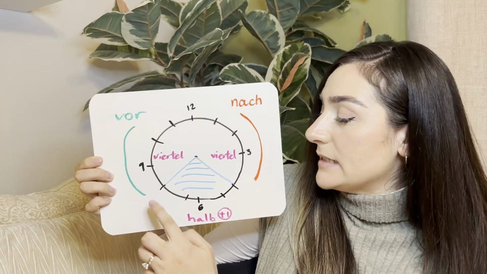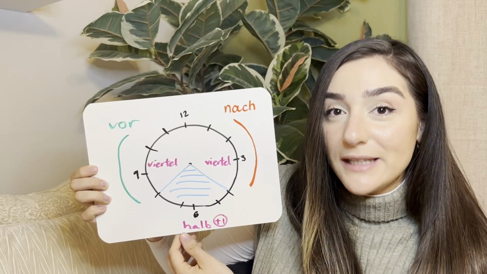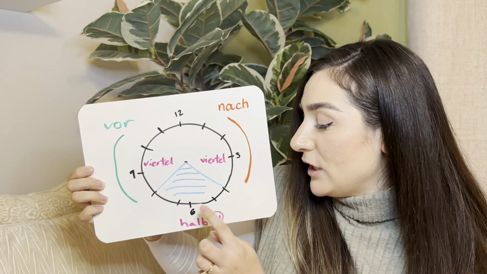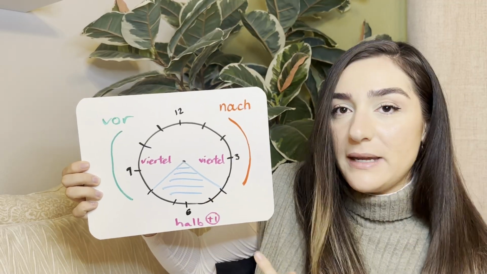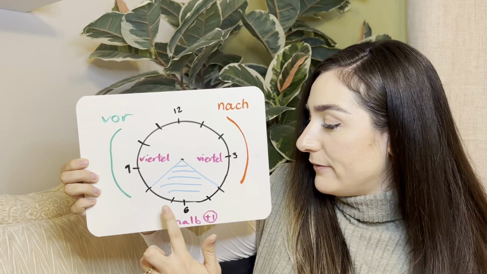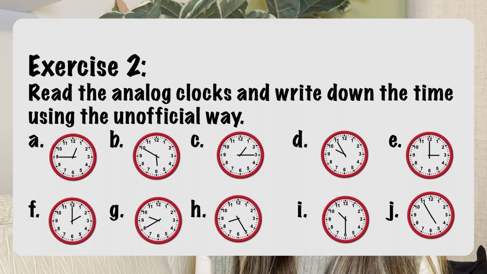Last but not least, when you get to the bottom part of the clock, you can also connect the time to the middle. So you can say it is 10 minutes, 5 minutes before the half, or it is 5 minutes, 10 minutes after the half. Now, as practice, please pause this video and write down these following times the unofficial way.